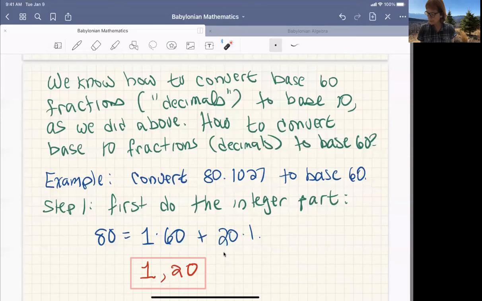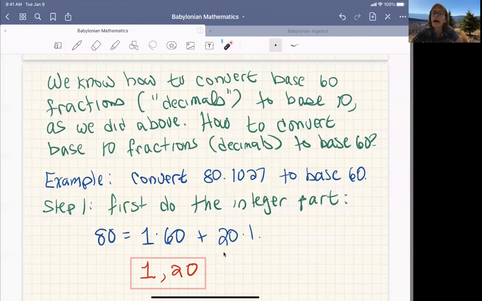So for my example, I'm going to convert this number, which has an integer part as well as a fractional part, meaning the decimal part. I'm going to convert that into base 60. So we're going to do it in two parts. Part one is, let's do the integer part.